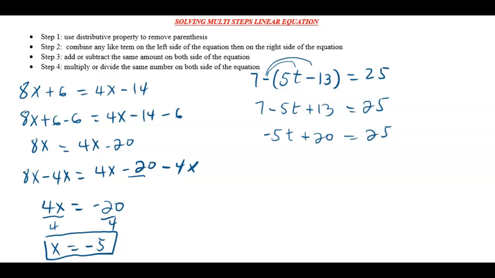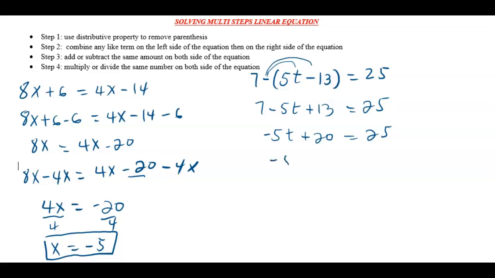Now, step 3, add and subtract. So we have to deal with the term without the variable first. In this case it is 20. So we have to eliminate 20. How do we do that? By using the inverse operation, which is minus.